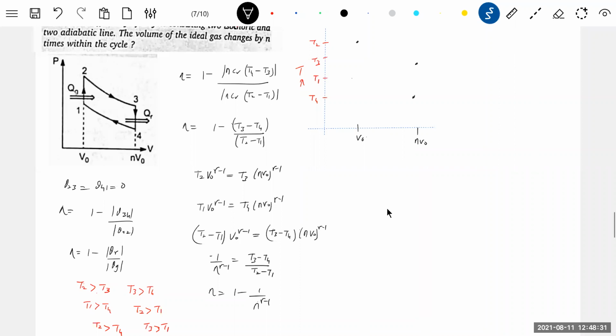Next there's a 1. Now path 2, 3. First we'll go for isochoric process, that will be much easier. So this is 2, 3, 4, 1. 3, 4, isochoric cooling, vertical line. 1, 2.